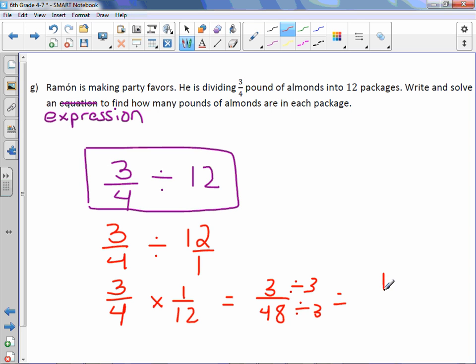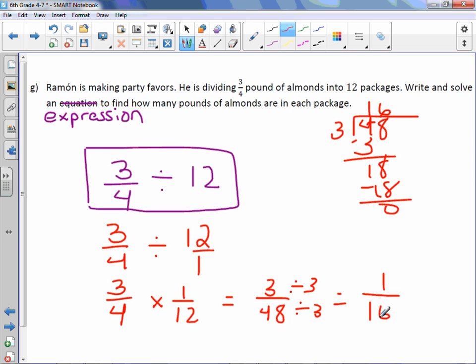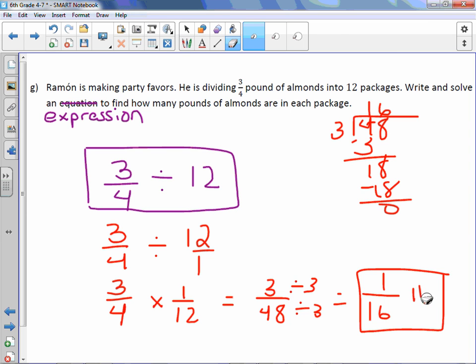And I would get 1 over, well, 3 into 48 is 16. So 1/16 pound. I'm going to abbreviate pound as LB. So this actually makes my B a little bit easier to read so you know it's not a 6.